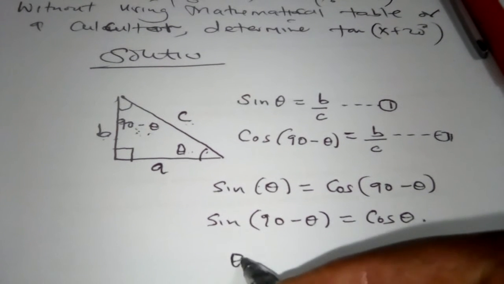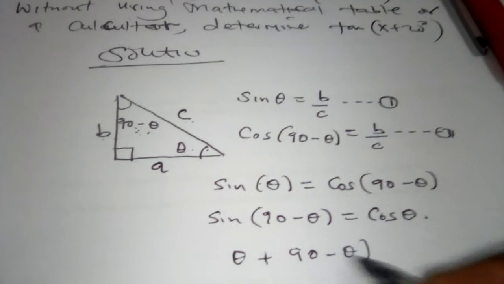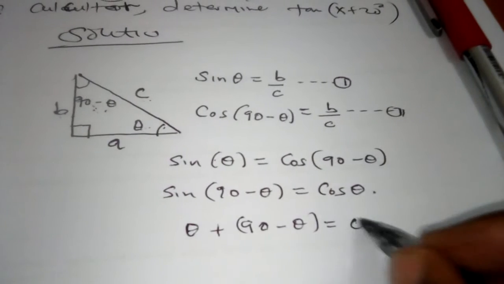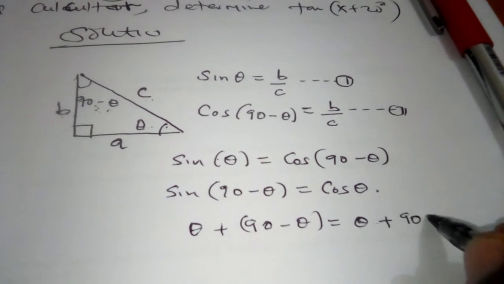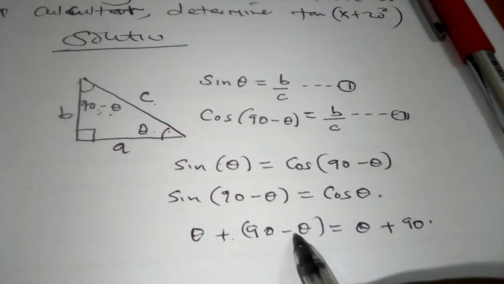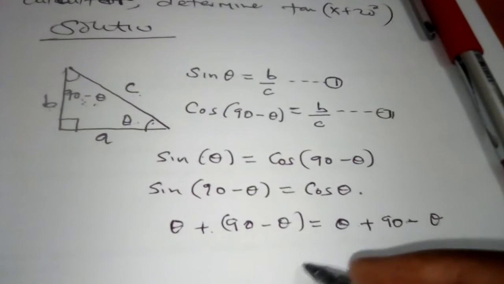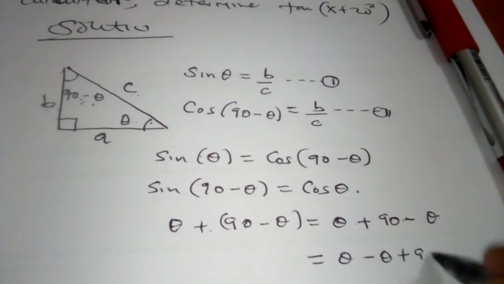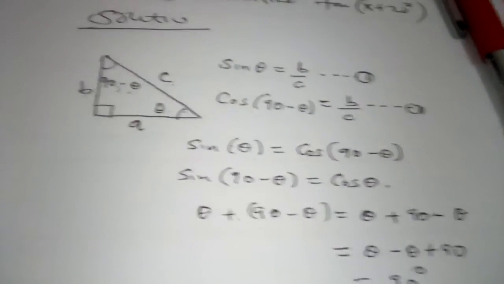We say theta plus 90 minus theta: plus times minus gives minus theta, so this is theta minus theta plus 90, which gives 90 degrees. So the two angles add up to 90.